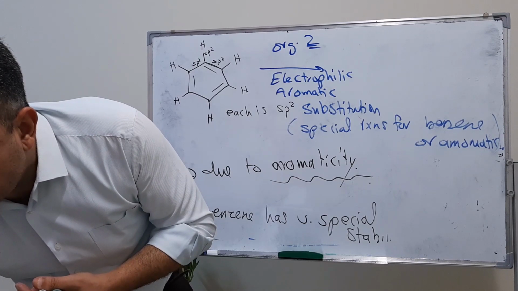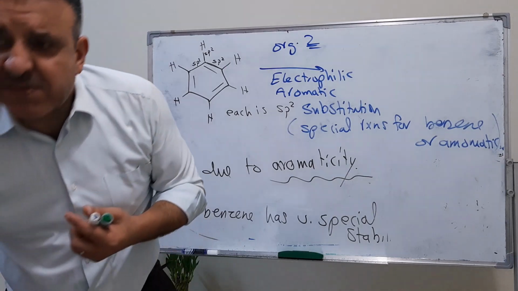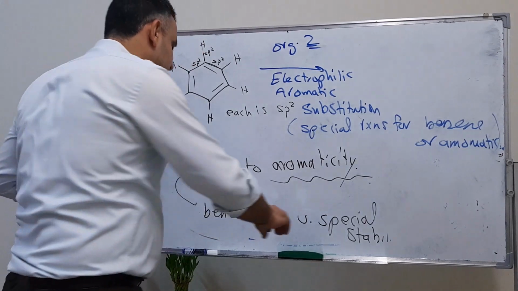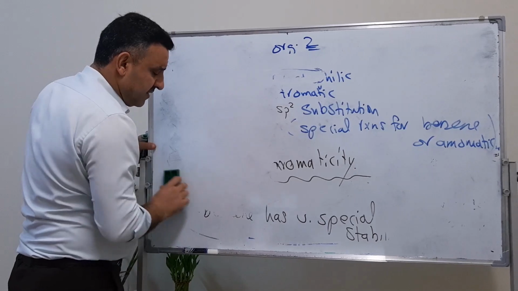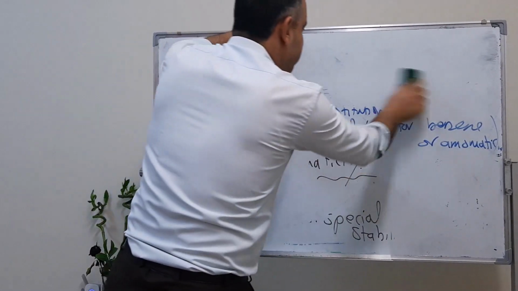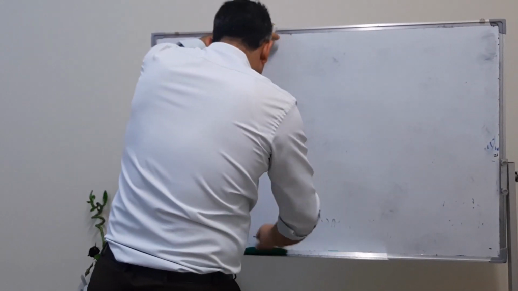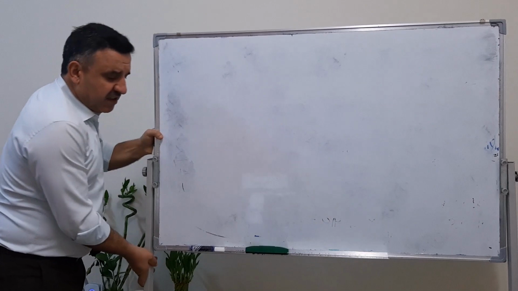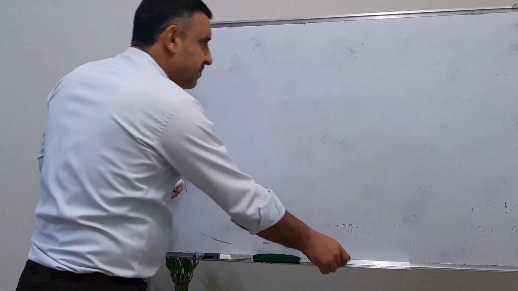I'm just going to talk about aromaticity and how we can consider whether a system is aromatic or not. What makes the benzene system special, with special stability and special chemistry? It's what we call aromaticity. Now, how can we know whether a system behaves similar to benzene or not?